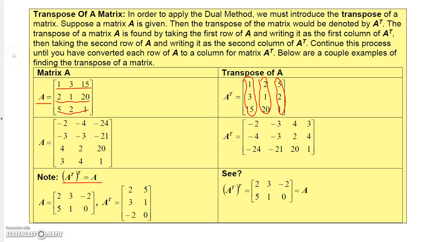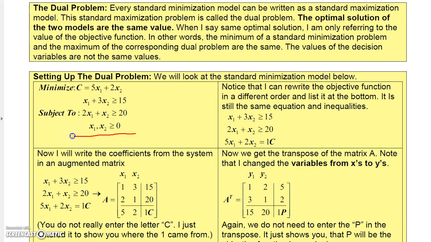That's not that important here, but it's an interesting fact. Okay, now let's go to a standard minimization problem and see how this transpose comes into play. If you look right here, I have a standard minimization problem. I'm minimizing, and both constraints are in the form greater than or equal to. Let's focus on the constraints. These are the two constraints, and let's write the objective function from right to left.